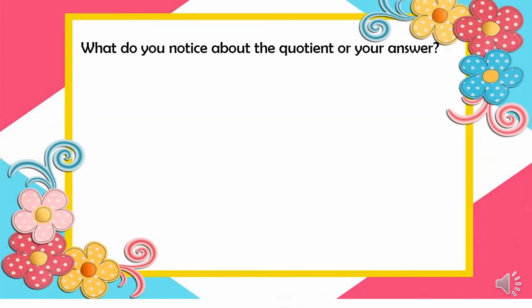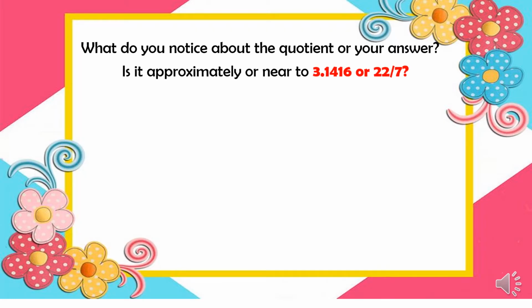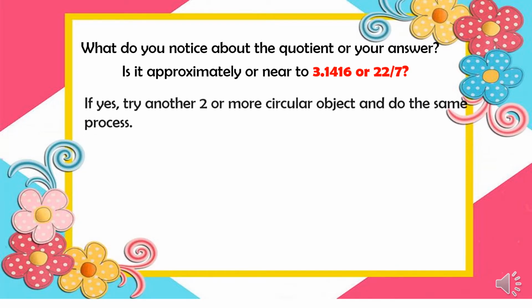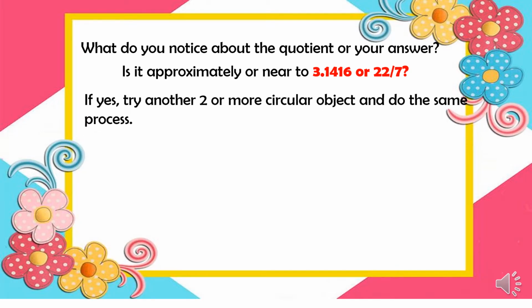What do you notice about the quotient of your answer? Is it approximately or near to 3.1416 or 22/7? If yes, try another two or more circular objects and do the same process.